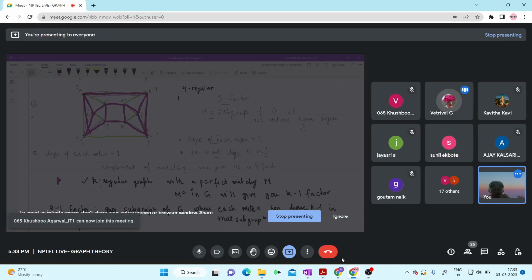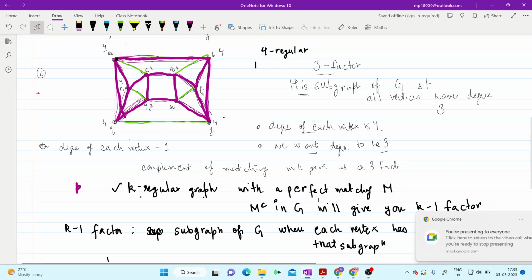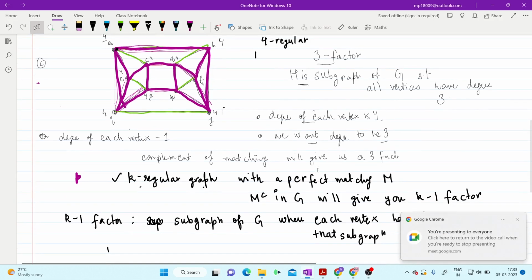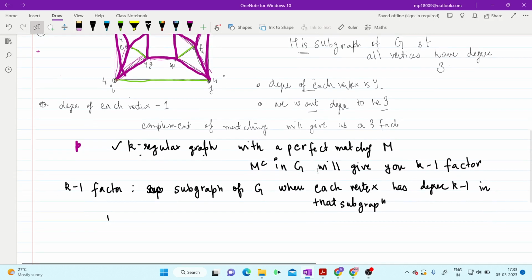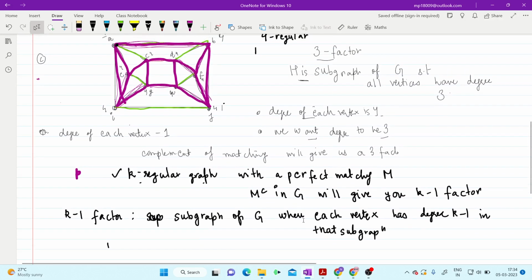Ma'am, I have one doubt. You are saying that the graph is a three factor by taking the complement of that perfect matching in the graph itself, so basically we are talking about G minus M. So we can call that G has a three factor, if the complement of the perfect matching is a three factor?